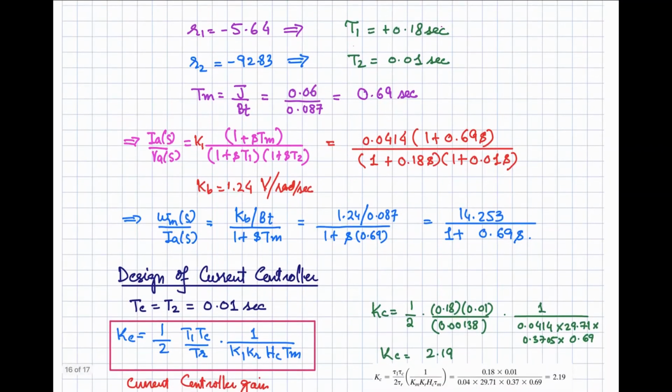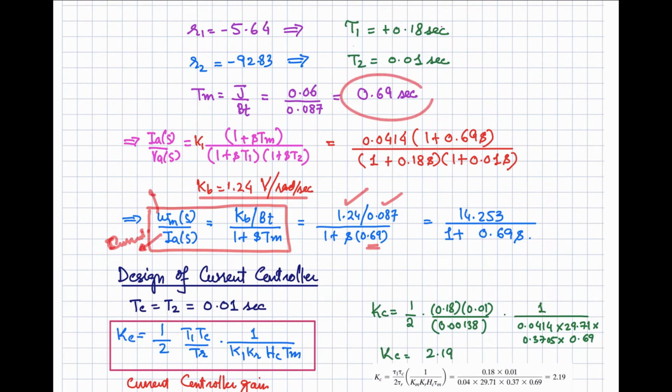Using KB and the transfer function for the mechanical part of your machine, where omega m is the output and the armature current is the input, that is equal to KB by BT divided by 1 plus S TM. So KB is given to us, BT is given to us, and TM we have calculated over here. So using that, we can write down that transfer function.